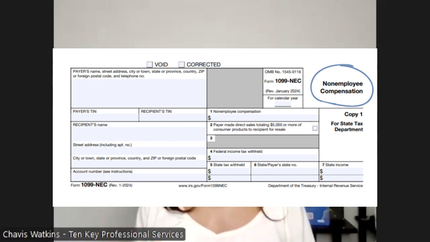Now, what is a 1099 NEC and who should receive one? A 1099 NEC form, also known as the Non-Employee Compensation Form, is a tax document used by businesses and individuals to report payments made to non-employees for services rendered. This form is typically issued to individuals who are not considered employees, but have provided services to a business or entity.